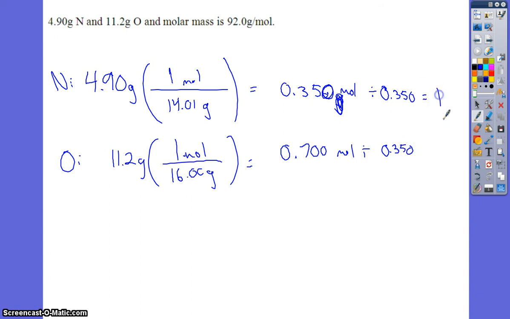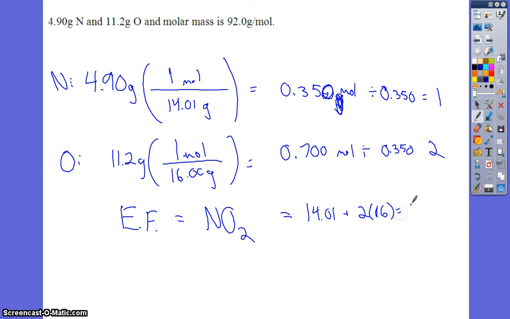So I find for nitrogen 1, oxygen is 2. So my empirical formula would be NO2. And if I want to know what my molecular formula would be, I find the empirical formula mass is 14.01 plus 2 times 16. 2 times 16 is 32, plus 14 would be 46 grams per mole.